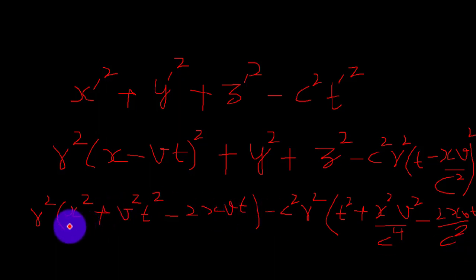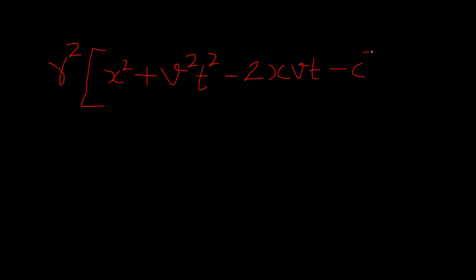As you know, here if we take gamma square common in both these terms, we will get x square plus v square t square minus 2xvt, and from the other term, taking gamma square common, we will get minus c square t square minus x square v square over c square plus 2xvt.